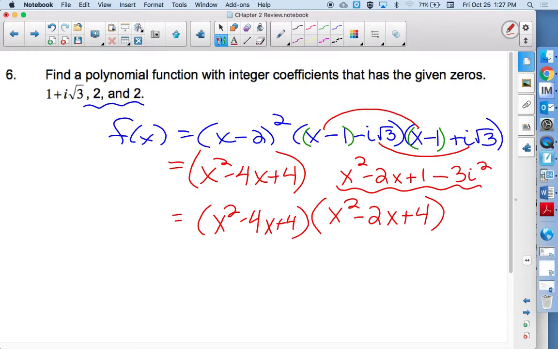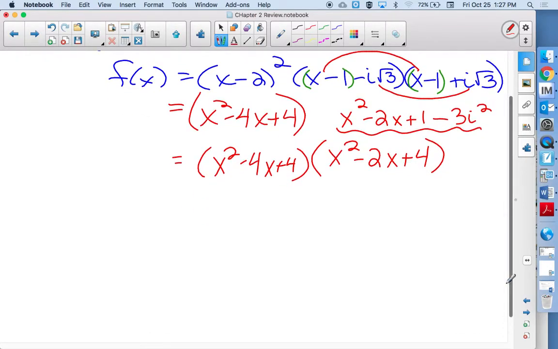So now there's a lot of foiling involved because I have a trinomial that I'm foiling with another trinomial. So how many pieces will you have when you're done if you expand all this? 9. So you should have 9 pieces when you're done. And I would say just treat it like you're using the distributive property. So starting with the x squared, we're distributing through.